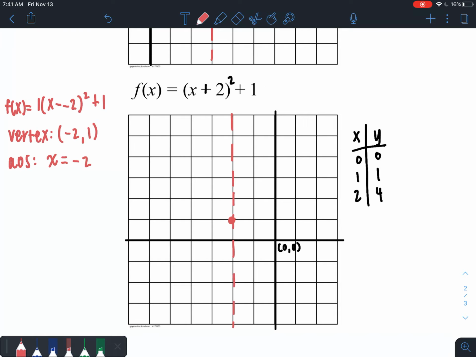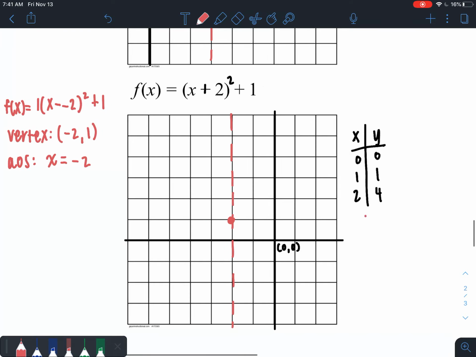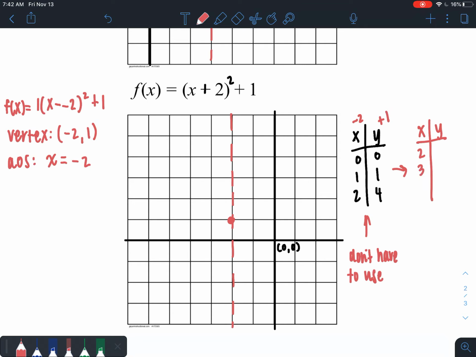Since there were no shifts, we really don't have to use this if we don't want to, if you understand what the shape of a parabola looks like. Otherwise, you can transform these points. We have x and y. My x values, I'm subtracting 2, and my y values, I'm adding 1.